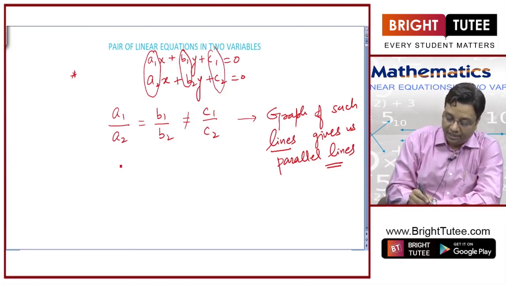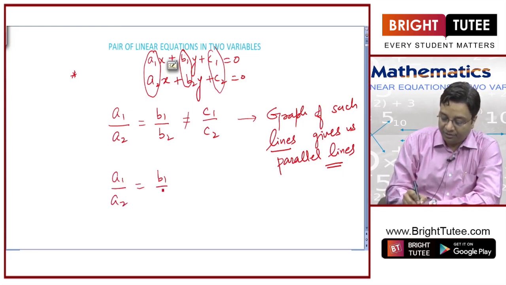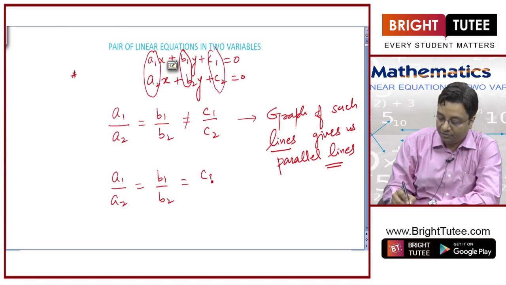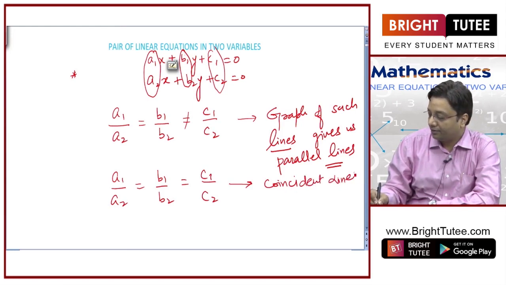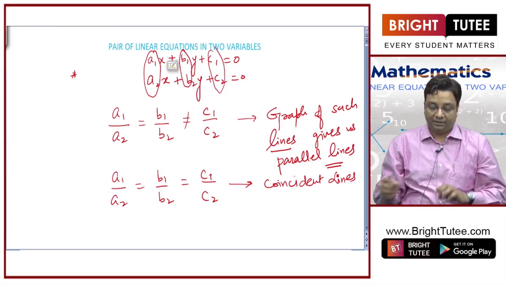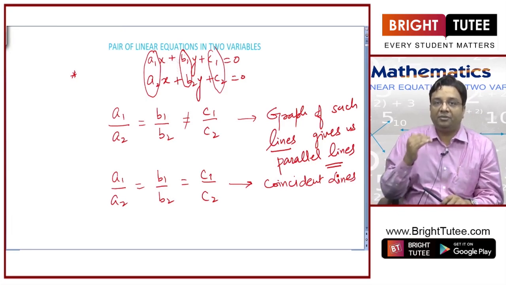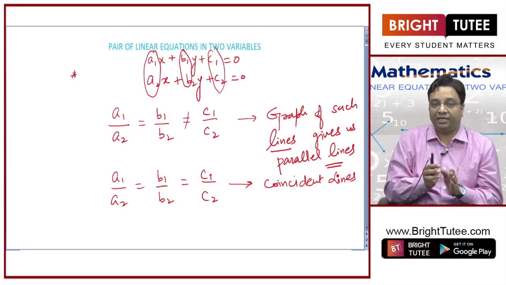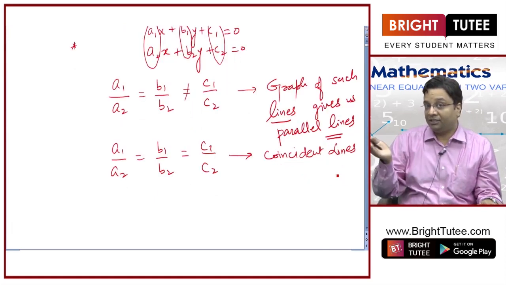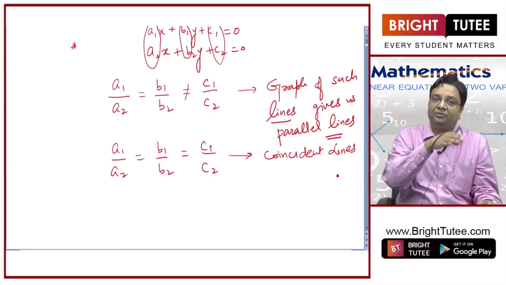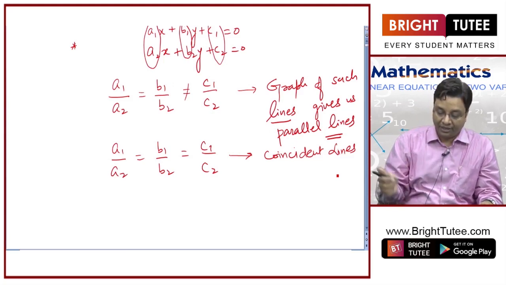And also if a1 by a2 equal to b1 by b2 was equal to c1 by c2, in such cases the lines were coincident, right. That means these were essentially the same lines, given by two different equations, where the second equation we could have got by multiplying the first equation by a certain number.